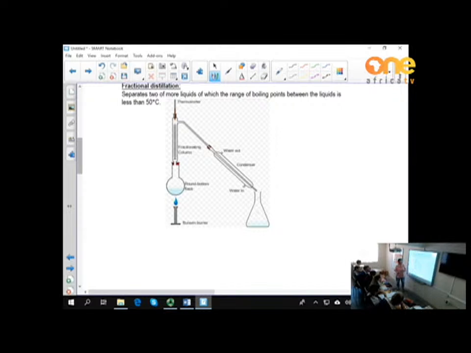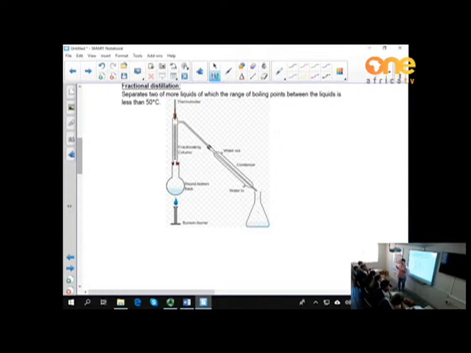All that happens is, as the liquids vaporize, they rise up. But as they rise up, they start cooling. The one with the lowest boiling point will be able to go up the highest before it condenses. So if there's a liquid that vaporizes at 40 degrees, you maintain the temperature at 40 degrees and the vapor will rise up.